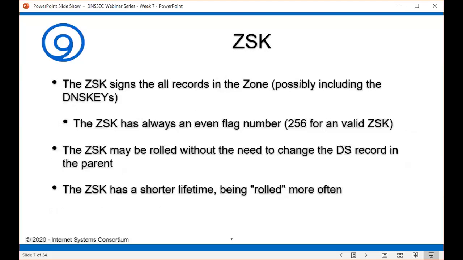Now the ZSK, on the other hand, signs all of the authoritative data in the zone. So now a little bit of trivia here. The non-authoritative data in a zone is going to be any glue records.